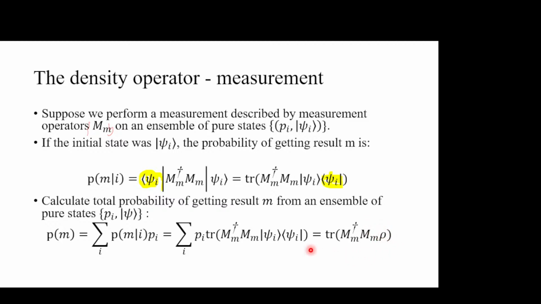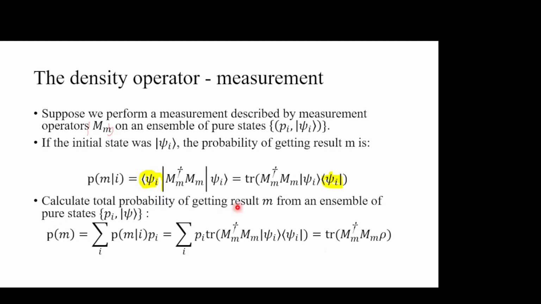We see that once again the outcome probability of a particular outcome m doesn't directly depend on the p_i and psi_i. You can just write it as a function of your rho. This means that even if you might have different p_i and psi_i, as long as your ensembles have the same rho, you will have the same outcome probability.